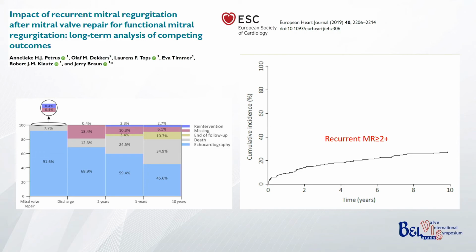If you look at some other papers, yes, we all know that there is mitral valve regurgitation recurrence in secondary mitral regurgitation, but this is probably the longest follow-up that I've seen on the secondary mitral regurgitation repair, coming from the Dion's group originally and Jerry Brown group nowadays, showing like 25% of recurrent MR grade 2 or more at 10 years. Okay, this is not ideal, but completely different from what we are seeing in CTS-NET trial.